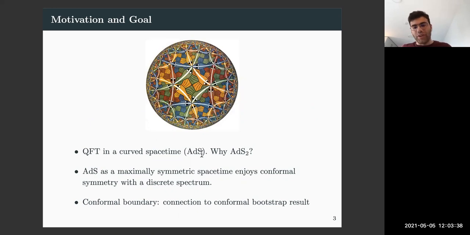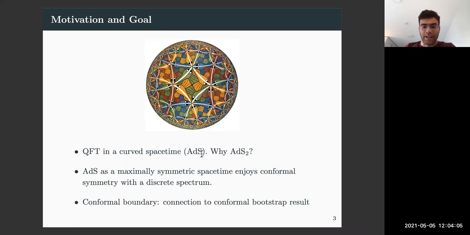So we study in particular two-dimensional AdS, as a first step to study quantum field theory in AdS using Hamiltonian truncation, and it also gives us more examples of solvable theories to start with. And it has some advantages.